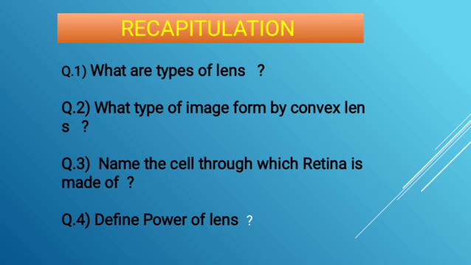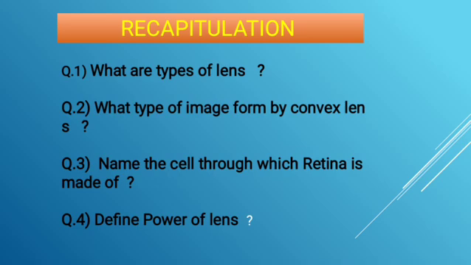Name the cells of which the retina is made up. The retina is made up of two types of cells, rod and cone cells, which are active in light and dark conditions. Define power of lens. The capacity of the lens to change its focal length as per need is called the power of the lens.